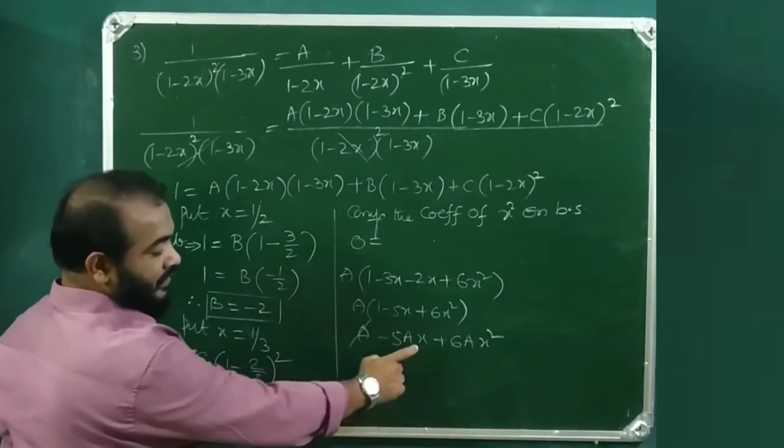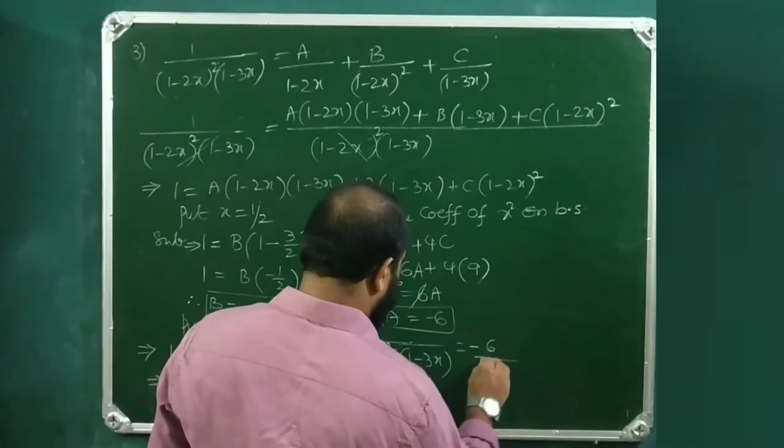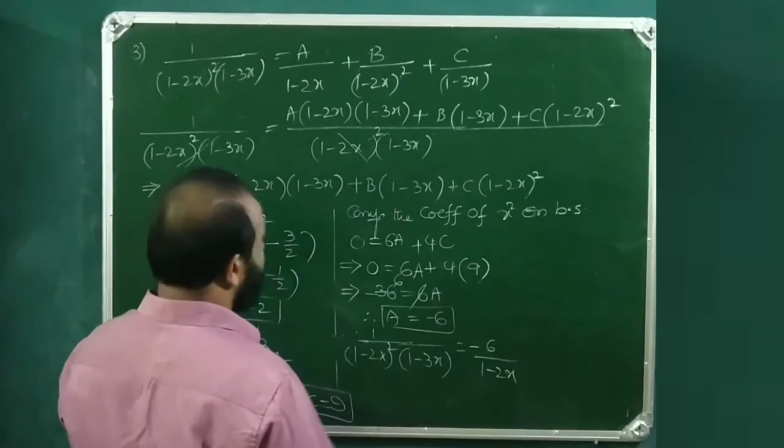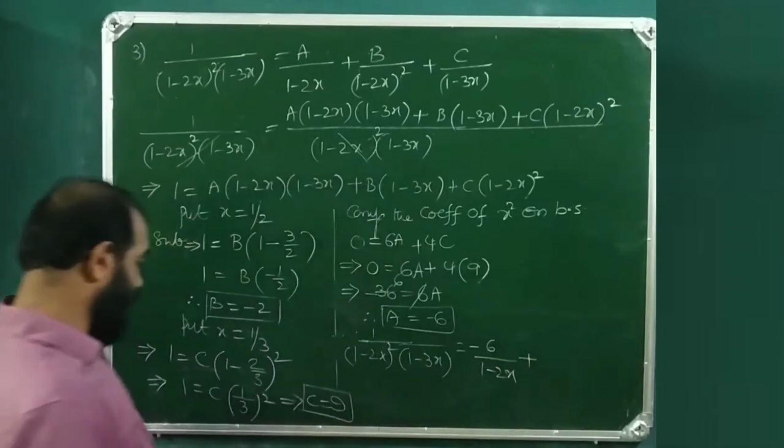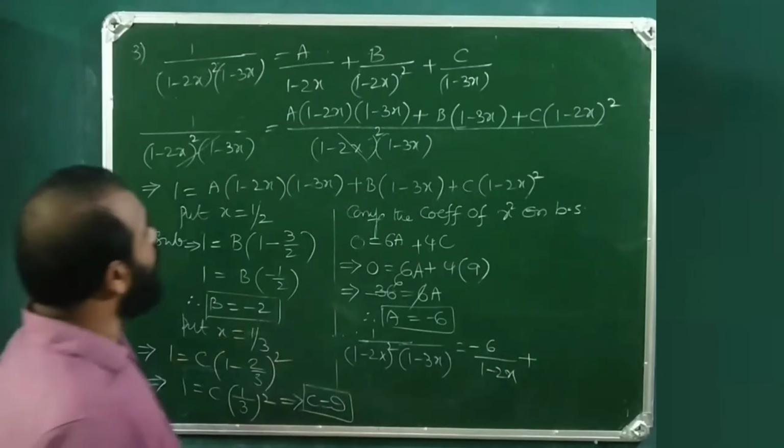Therefore, 1 by (1 minus 2x) whole square into (1 minus 3x) is equal to, a value is minus 6 by (1 minus 2x), plus b is equal to minus 2.